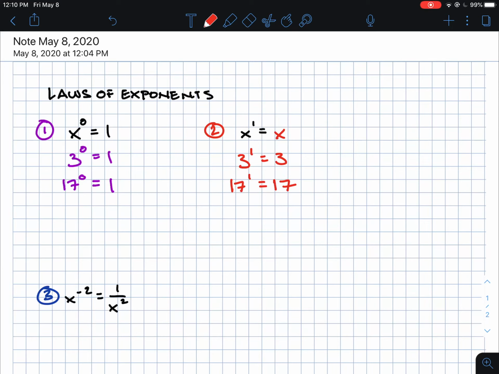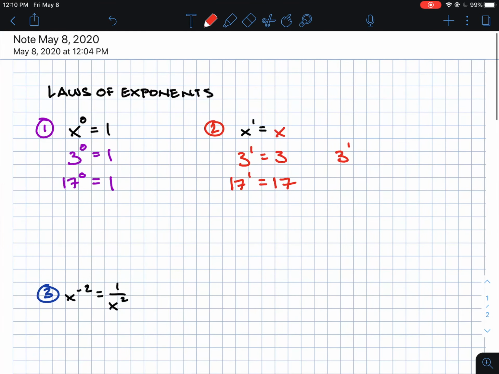And we can look at this because, remember, when we're dealing with exponents, 3 to the first power just means 3. 3 only shows up one time. If we, for example, had 3 to the second power, that would equal 3 times 3. 3 to the third power equals 3 times 3 times 3.